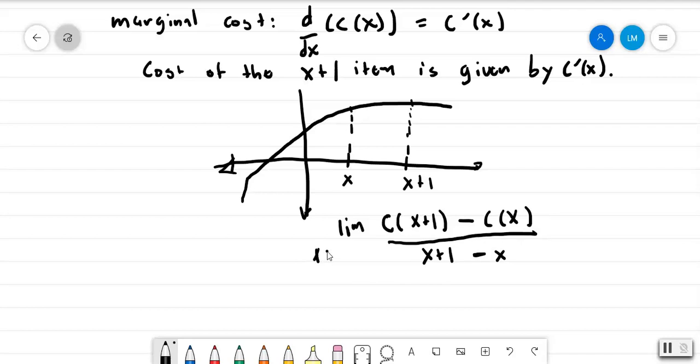By definition, when the x's cancel out, this is the derivative. Okay, so it is the derivative at x plus 1.